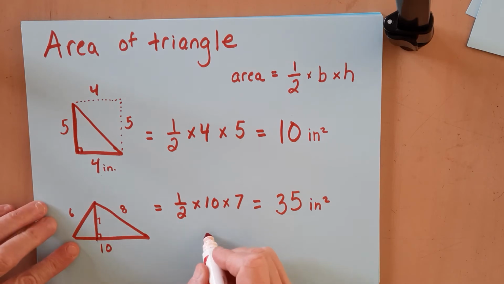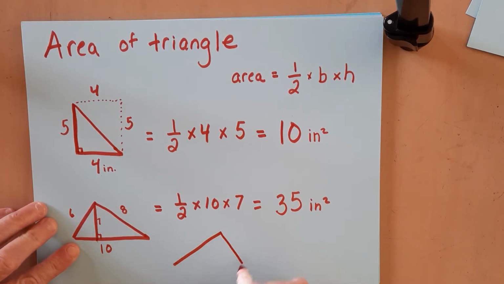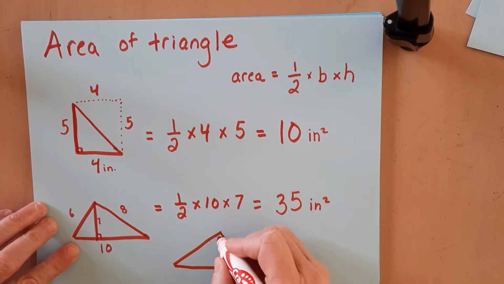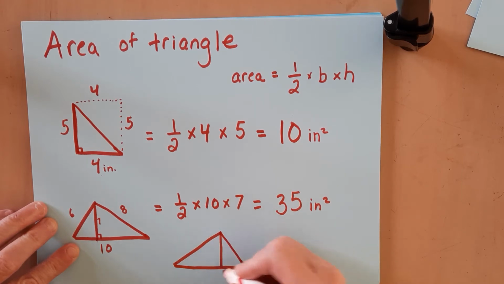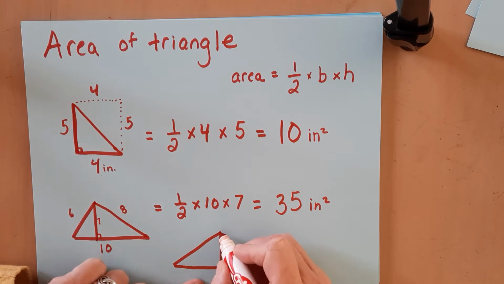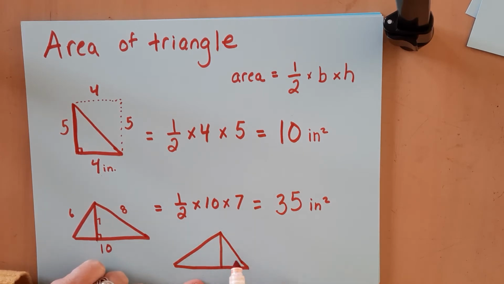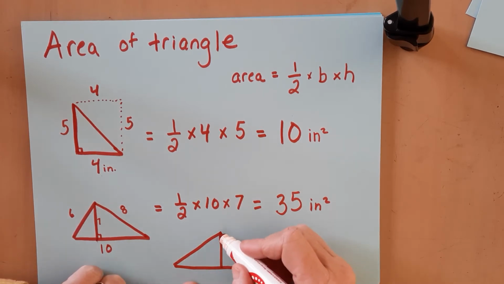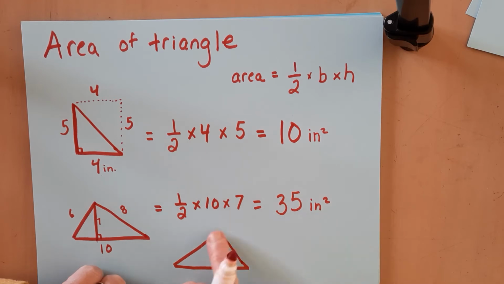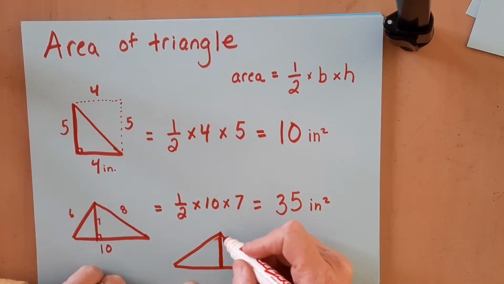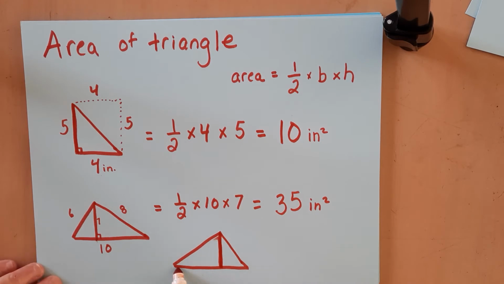But in triangles like this, let's draw another one. The height of a triangle like this, you have to look for the line that goes perpendicular from the base to the top in a straight line. So the height of this triangle would be this line right here. Not this side and not this side. This line right here. The base is always the one on the bottom like that.